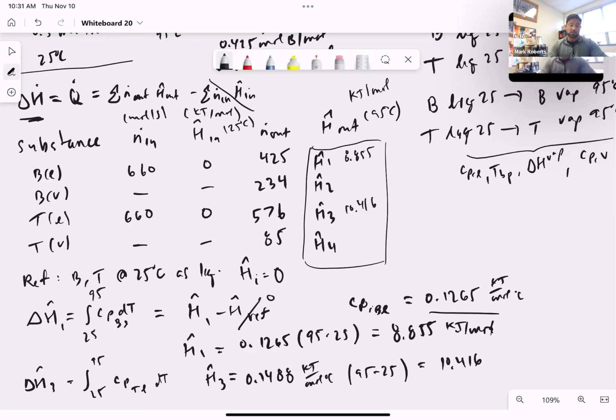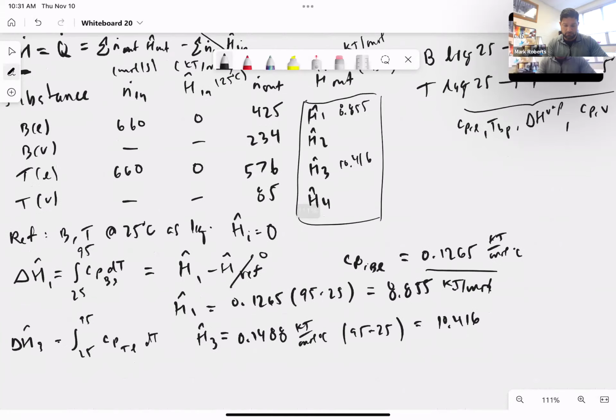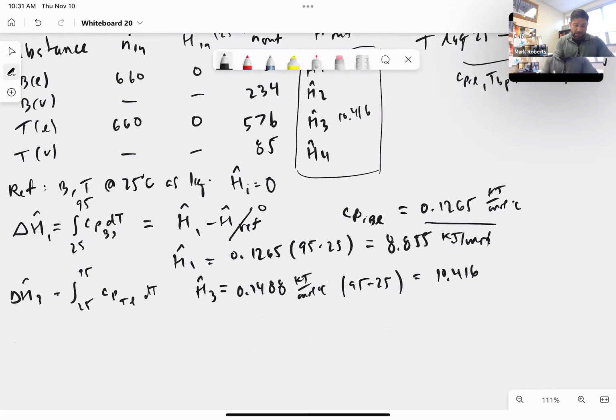Now the next two, it's going to be a little bit more to it. So I'm going to look at delta H2. And remember, delta H2 goes from benzene as a liquid at 25 to benzene as a vapor at 25.